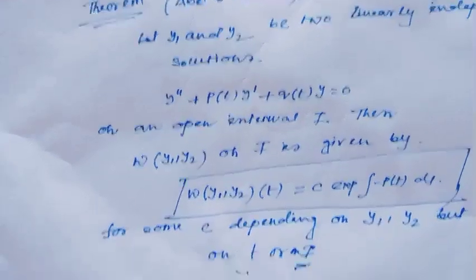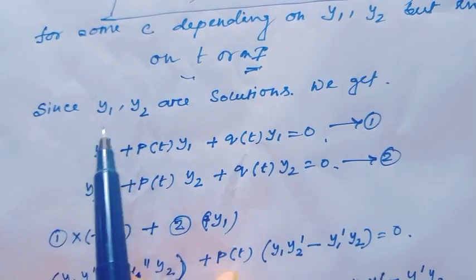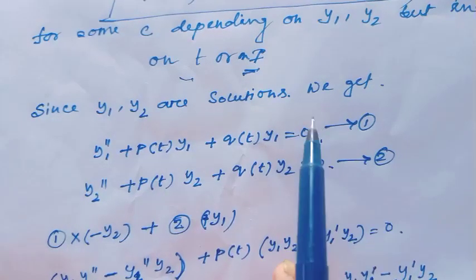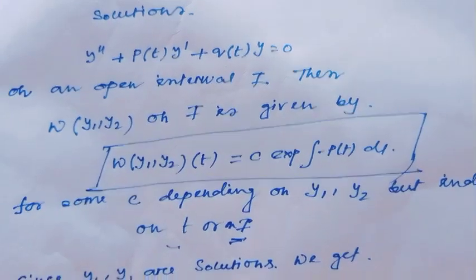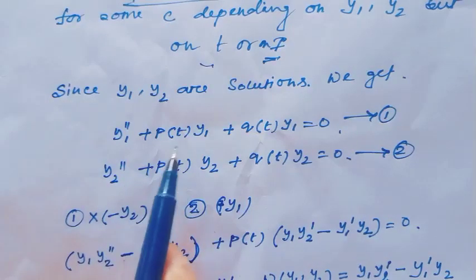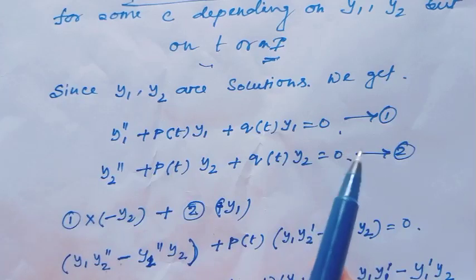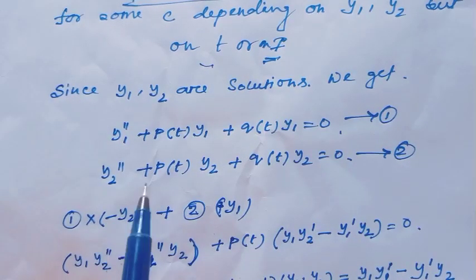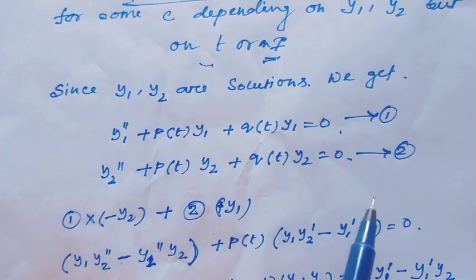This is Abel's theorem, and the proof is of this type. Since y1 and y2 are solutions of this homogeneous second order linear equation, then y1'' + p(t)y1' + q(t)y1 = 0. Consider this equation 1. And second, y2'' + p(t)y2' + q(t)y2 = 0.